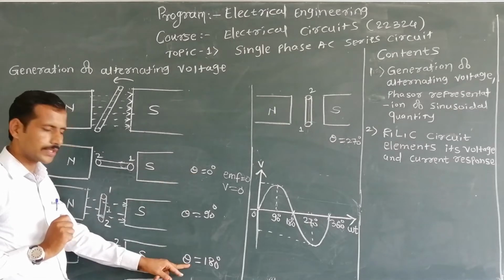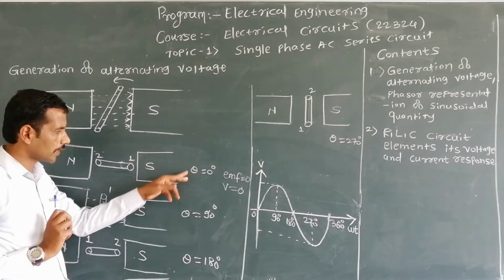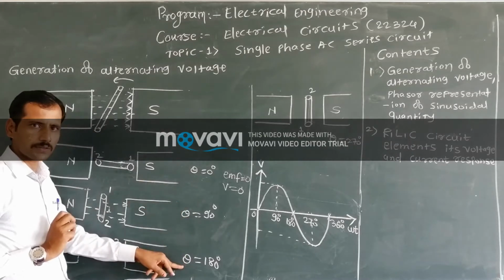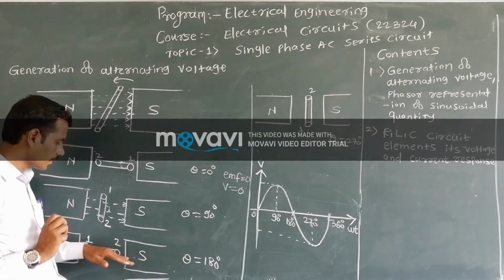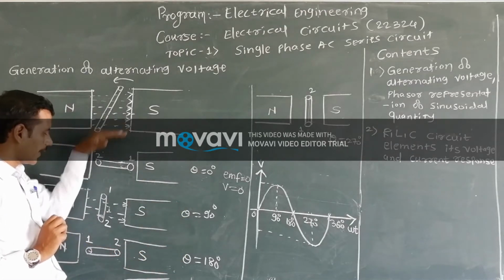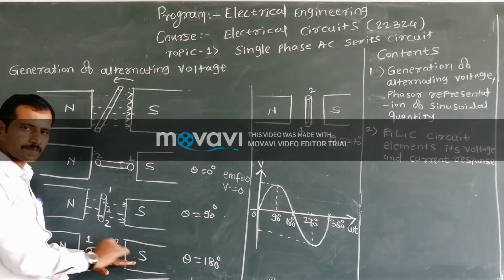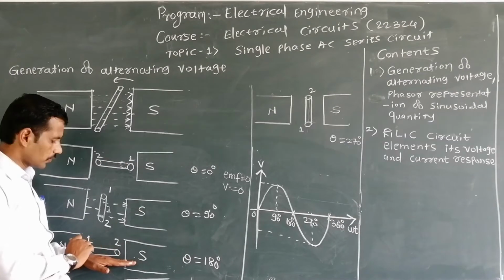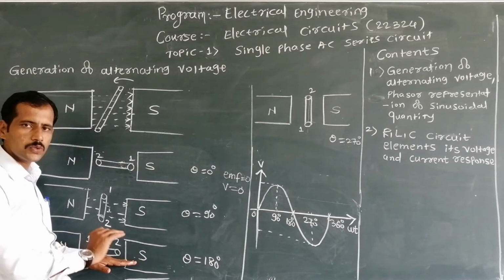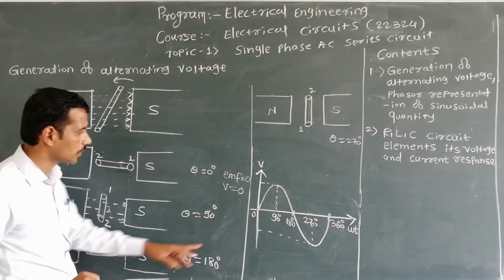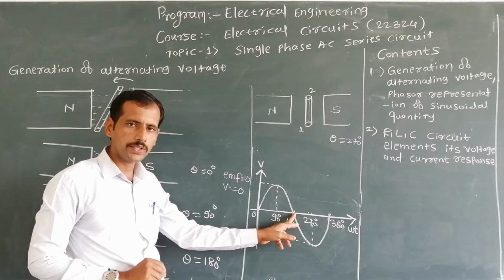Both are the same but equal and opposite. At this condition again magnetic flux and conductor are parallel, therefore no flux cutting, and induced EMF is 0, as shown here.